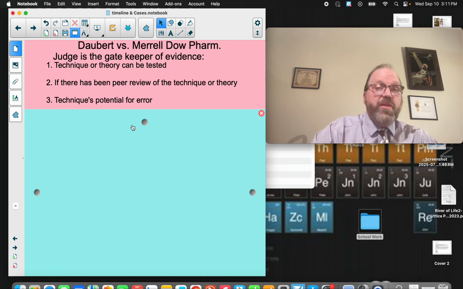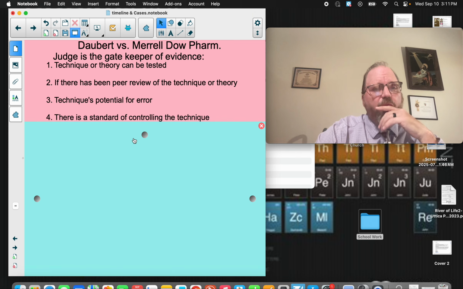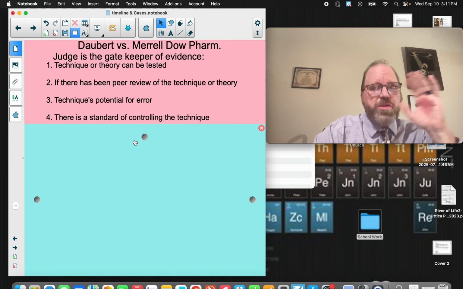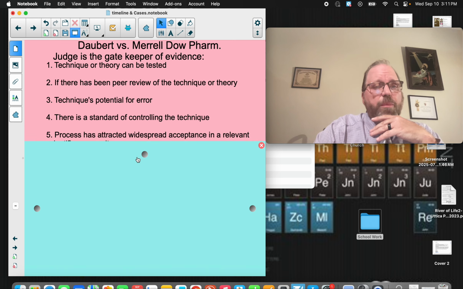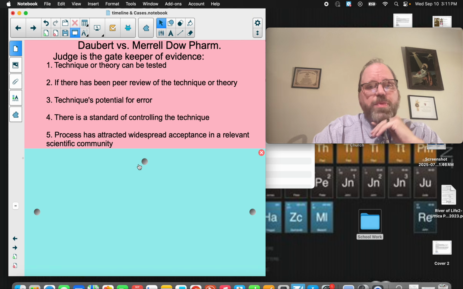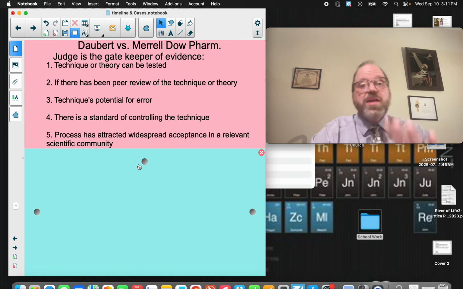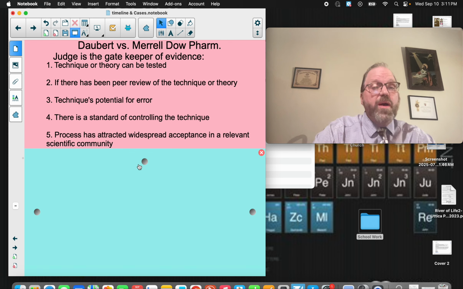So therefore, they could also be brought up in that way. And then finally, there's one more down. There's a standard for controlling the techniques. In other words, it's consistent. It doesn't change all the time. And then lastly, the process had to attract widespread acceptance in the relevant scientific community. So there had to be some level of acceptance. And if these 5 parameters were met, then the judge could allow new techniques.